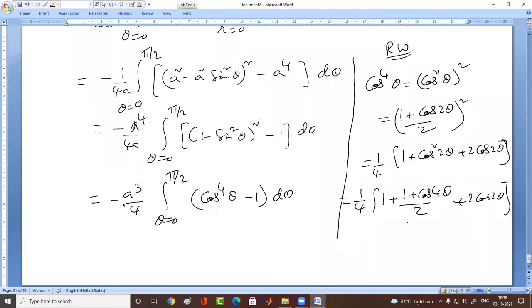Okay. In place of cos power 4 theta, we can write it as, okay, wait 1 minute.